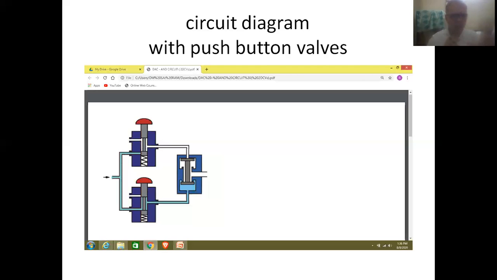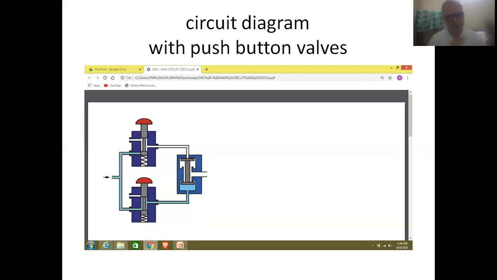So both the valves are required for completing the cycle of operation. Therefore, it is called an end valve circuit. On one hand, we are using the first valve for the forward stroke of the piston. On the other hand, we are also using a second valve for performing the return stroke of the piston.